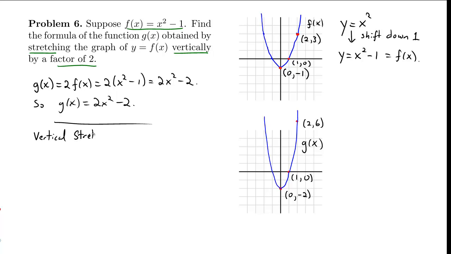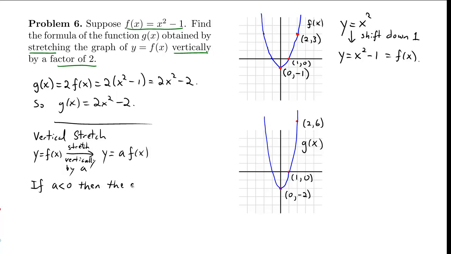In general, if you want to stretch a graph vertically by a factor of a, then the new function is obtained from the old function by multiplying by a. If a is negative, then the graph gets reflected vertically before you stretch it.